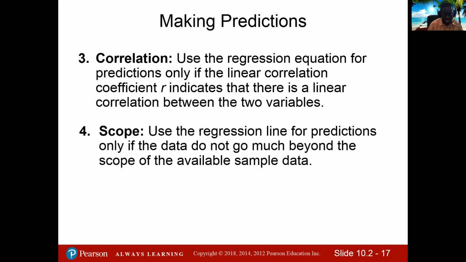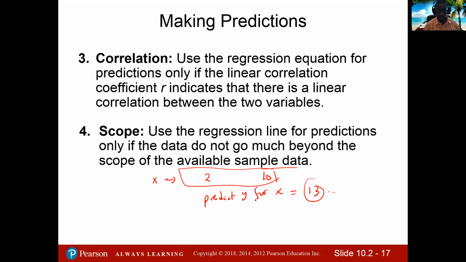So if your x values range from say 2 to 10, and they ask you to predict y for x equal to say 13, this is beyond the limit of the x values. So you cannot use that. It has to be within the range of the sample data that you have. So you've got to be careful how to use the predicted value.